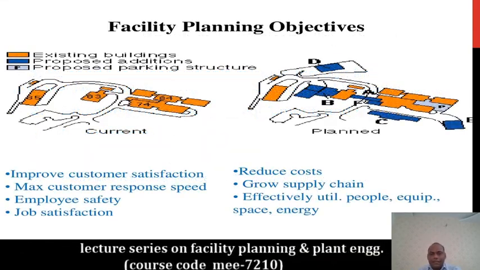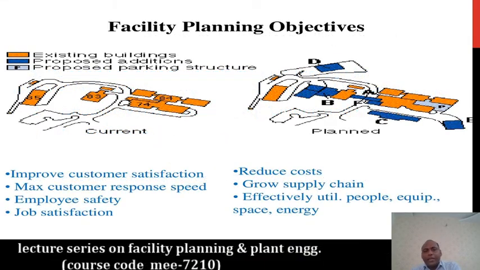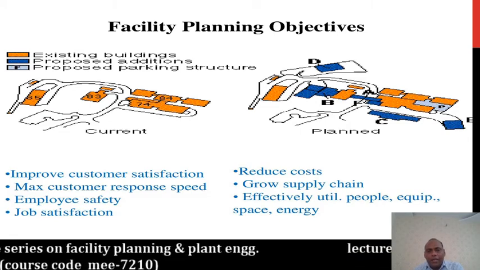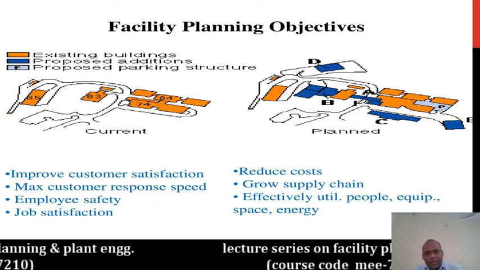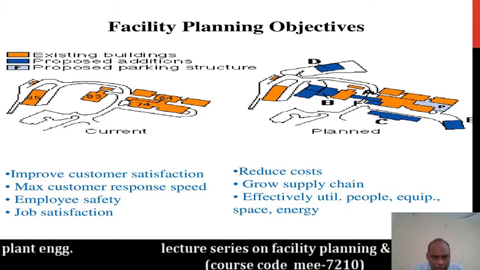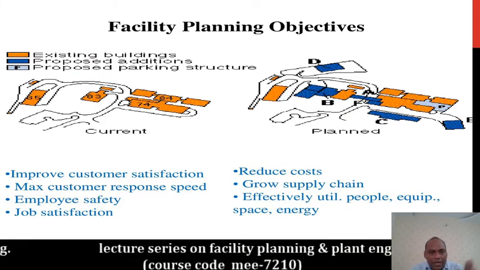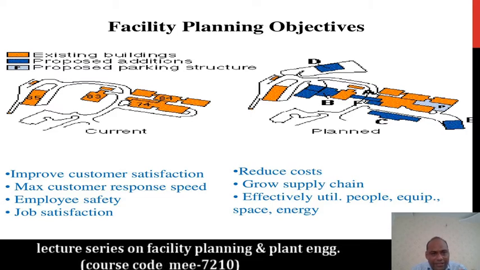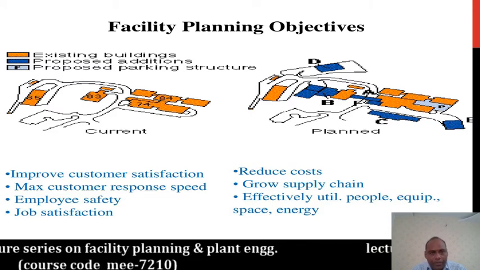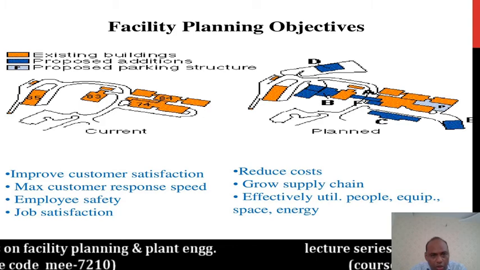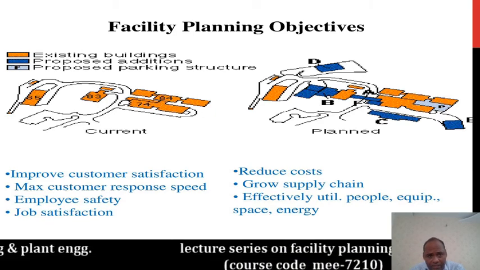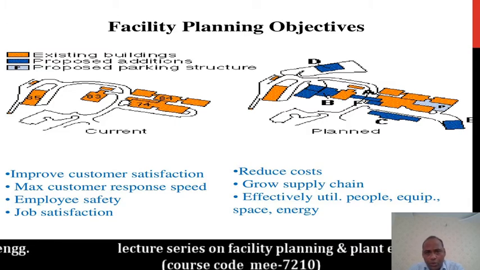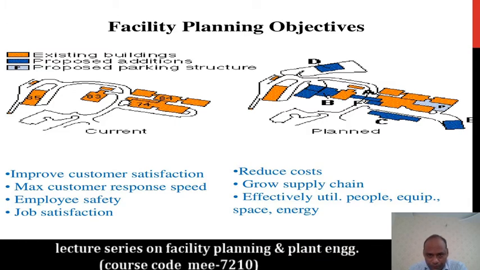With this layout you can easily understand what is meant by planning. Here on the left-hand side, the current layout of the existing building is given. In the planned layout you can see the proposed addition added to your layout.